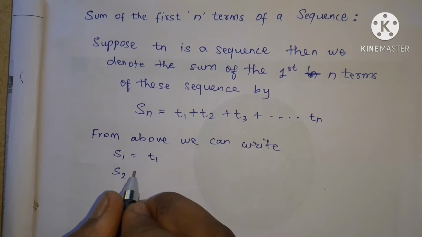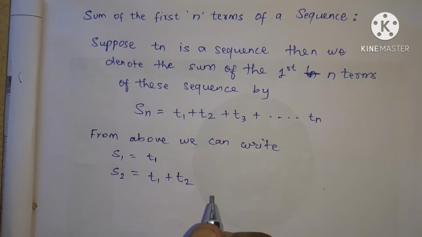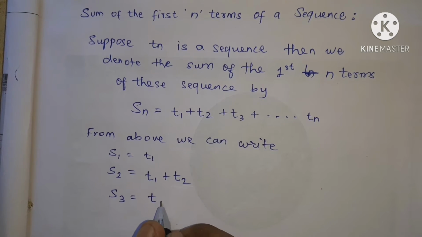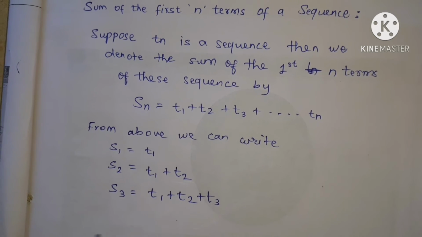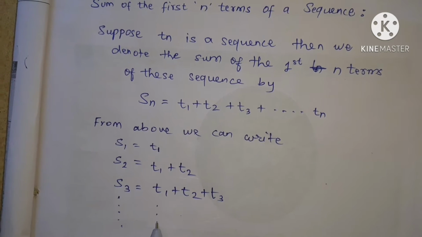If you have two terms like T1 and T2, then you have to add both the terms. In the same manner, if you have T3, you have to add T1 plus T2 plus T3. In the same manner, if you are given n terms, then what will you do?